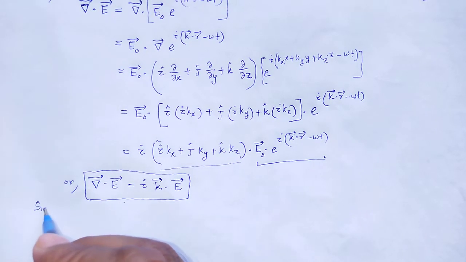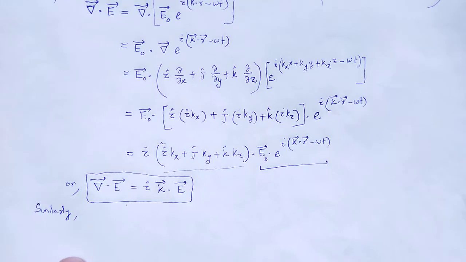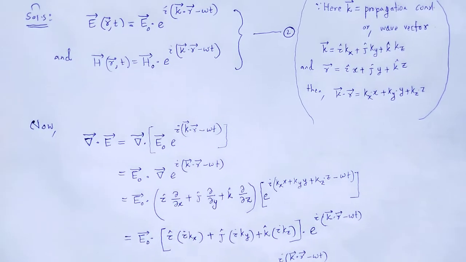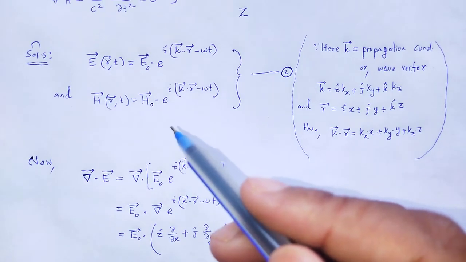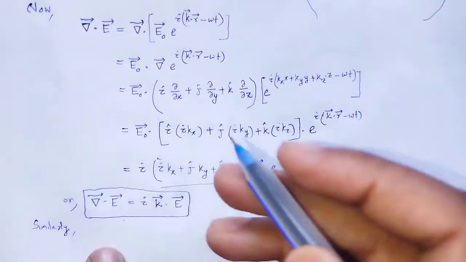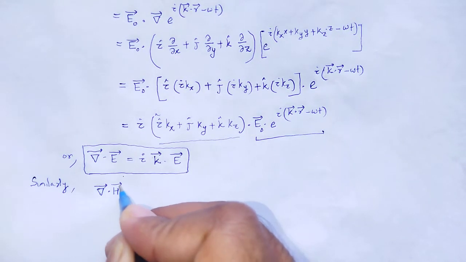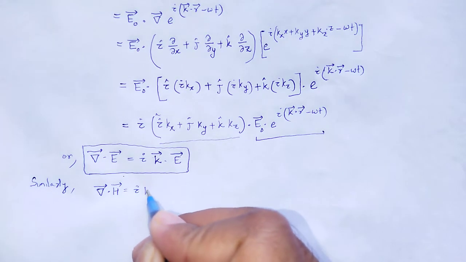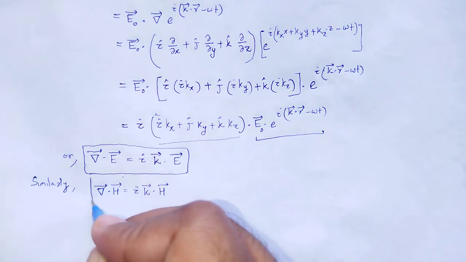Similarly, when we take the divergence of the S vector, that means grad dot S vector, we obtain grad dot S vector, that is i k vector dot S vector.